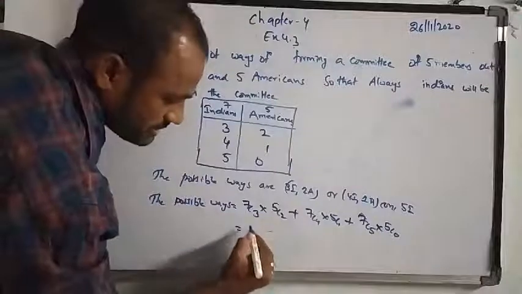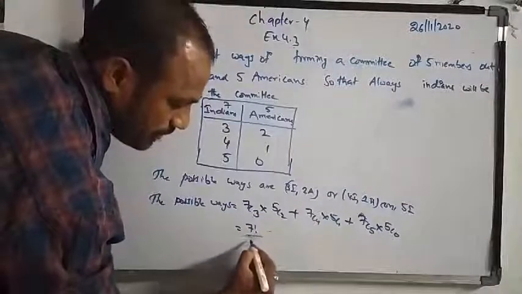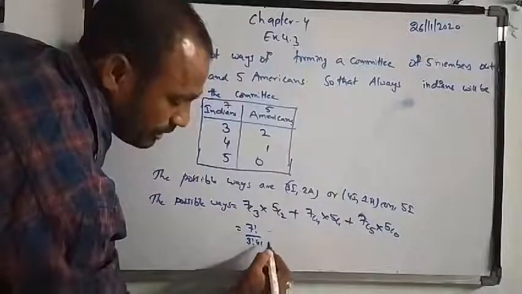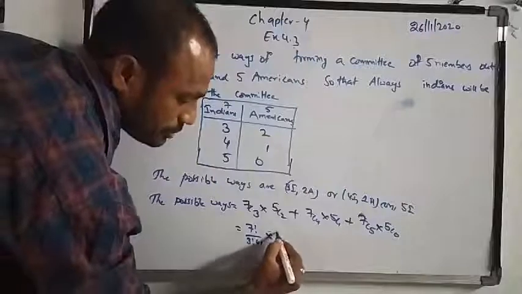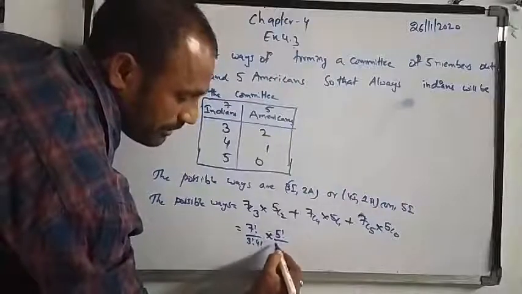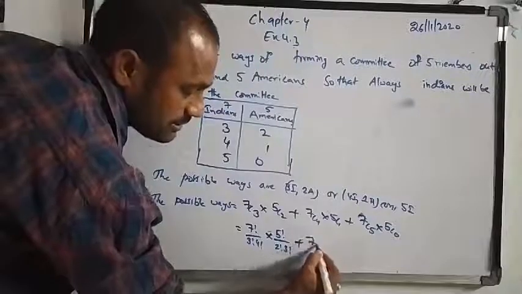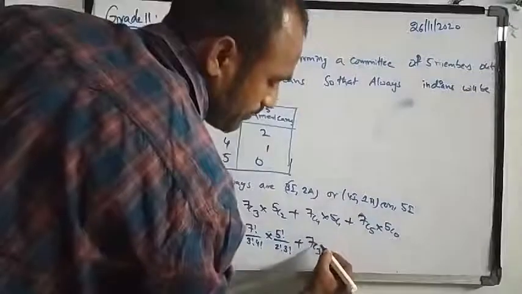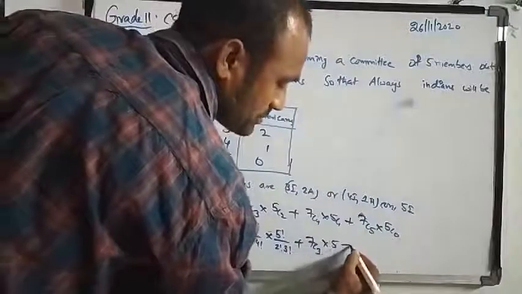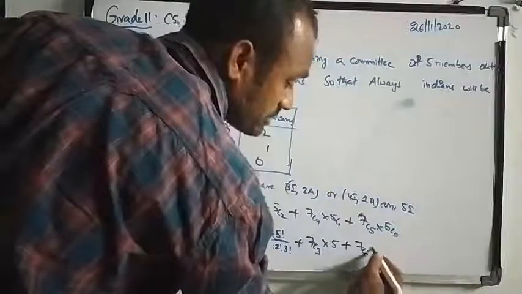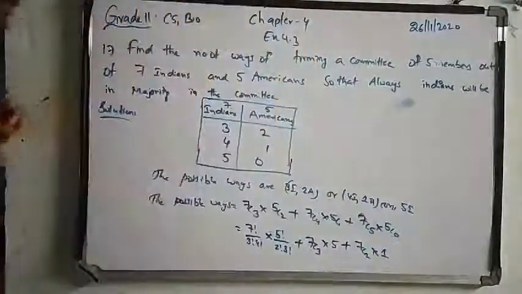So this can be written as 7C3, that is 7 factorial by 3 factorial into 4 factorial, into 5C2, 5 factorial divided by 2 factorial into 3 factorial, plus 7C4 into 5C1, which is 5, plus 7C5, 5C0 is 1.